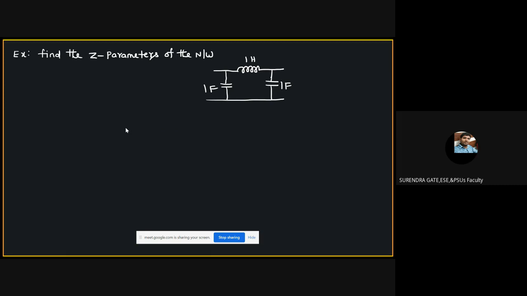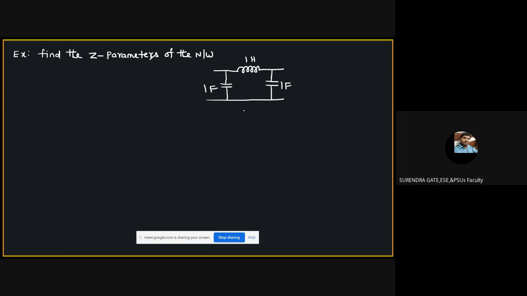But given is which network, students? Pi network. Pi network means which parameters can we find directly? Y parameters. One method to solve this is first to find the Y parameters, then take the inverse of that to get the Z parameters. That is one method.